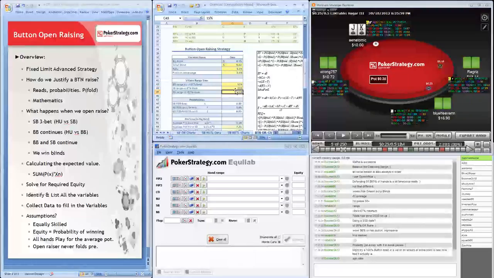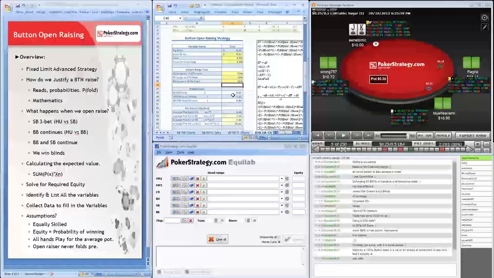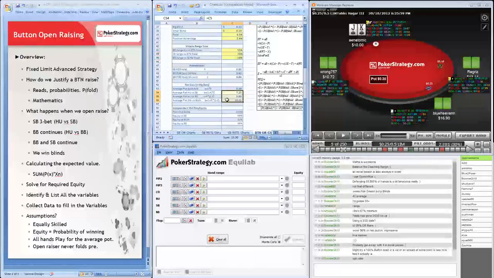And the big blind, we worked this out before when we looked at re-stealing. We worked out that versus a 3-bet, a tag tends to come along about 15 or 16% of the time. Let's say it's 16. Okay, so we have our probabilities, right? These are all calculated based on these values. Down here we have the average pot sizes, right? For all the different situations we can be in.